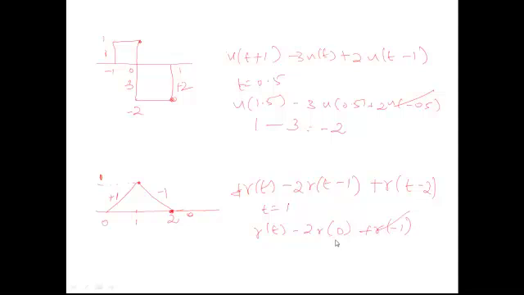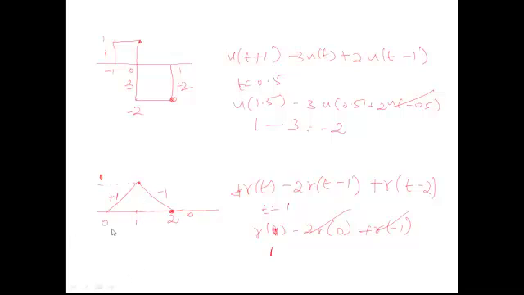So this is 0 and r of 0 is also 0, and this is r of 1. Whatever the time, the ramp signal will give you the same value. So if the time is 1, r of 1 is 1. If the time is 2, r of 2 is 2. So r of 1 is 1, so at 1 the answer is 1.